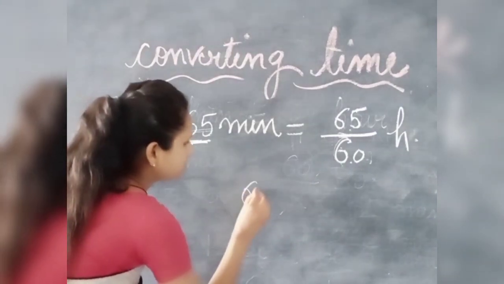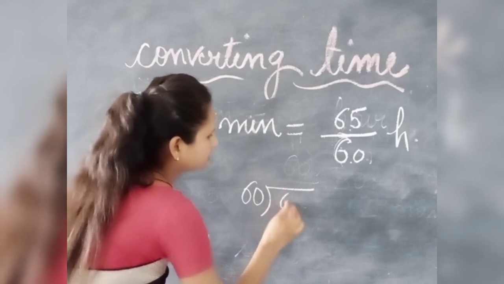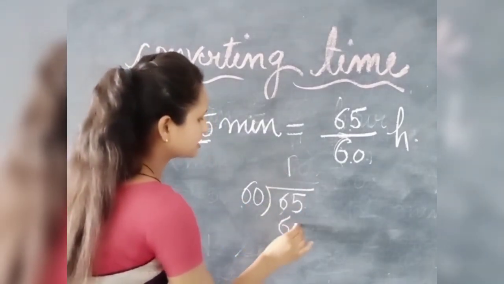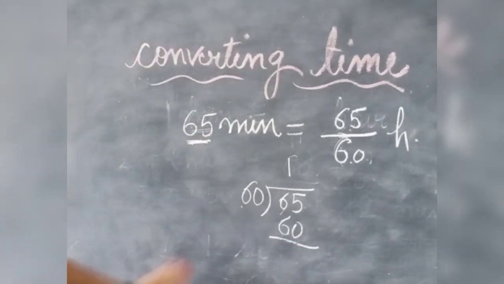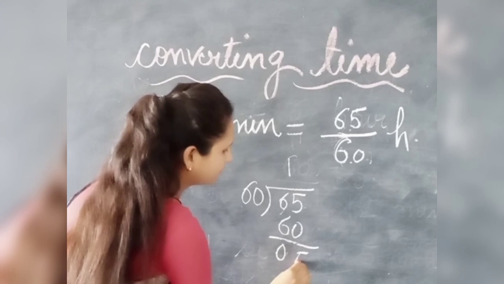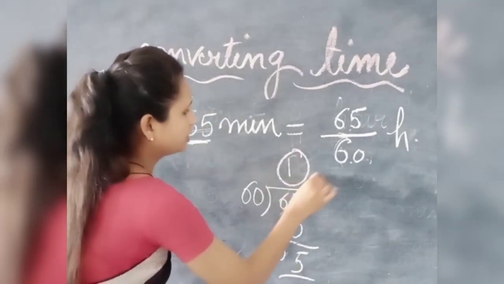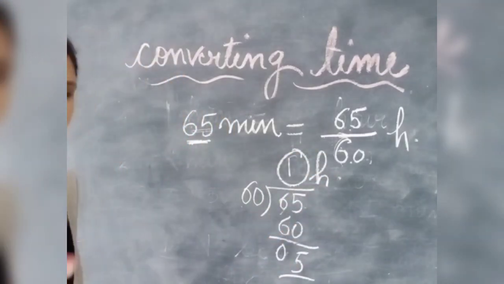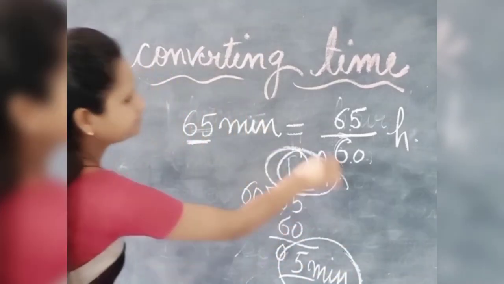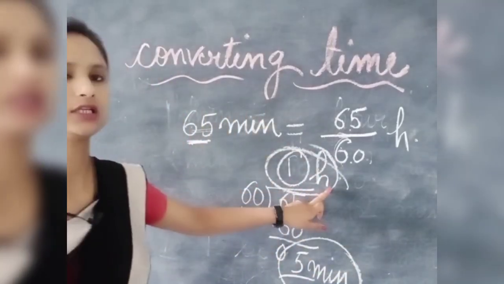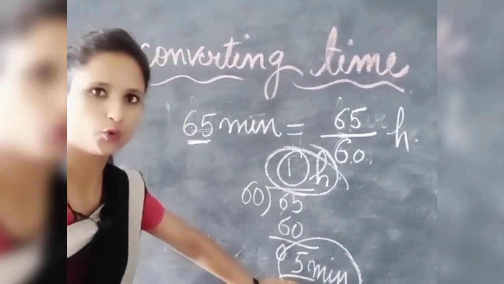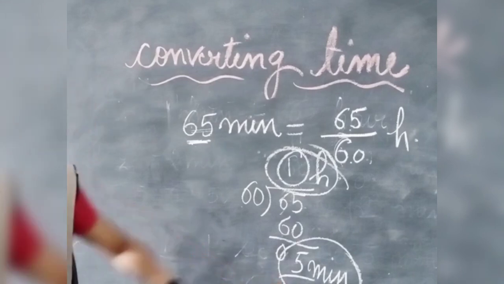You can divide it with this method: 60 ones are 60, and the remainder is 5. So 1 will be our hour and 5 will be minutes. Understood? This quotient will be hours and the remainder will be minutes, so 1 hour 5 minutes.